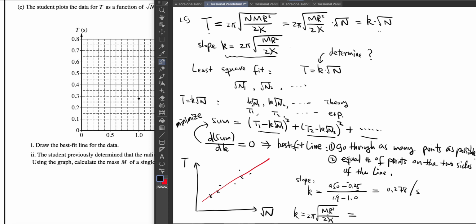So now if I want to calculate the mass M, I can rearrange all these terms, and then the mass will be given by K squared, where K again is the slope that we just calculated, times kappa divided by 2 pi squared R squared.